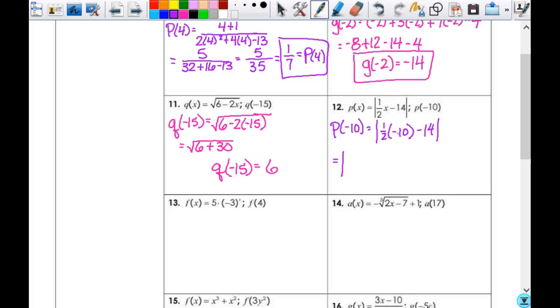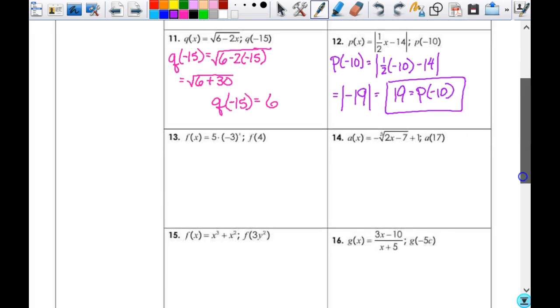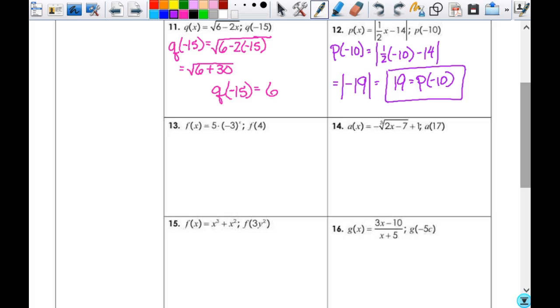And then negative 5 minus 14 is negative 19. What's the absolute value of negative 19? 19. Good?